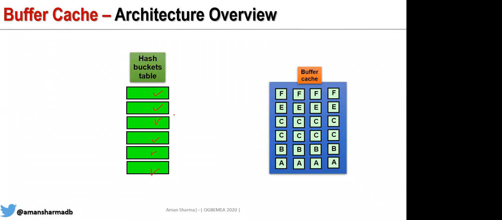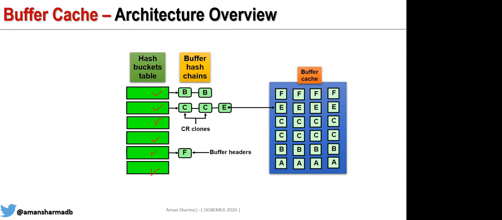Each bucket has something called a chain, kind of a string on which the buffers are hung, like a rope or a cable. These buffers are maintained in terms of the bucket based upon their DBA.